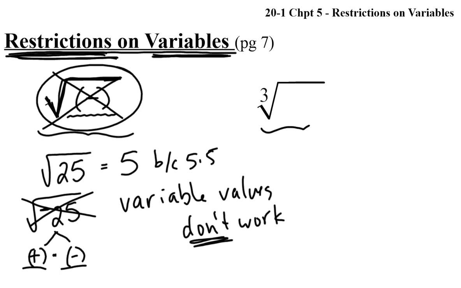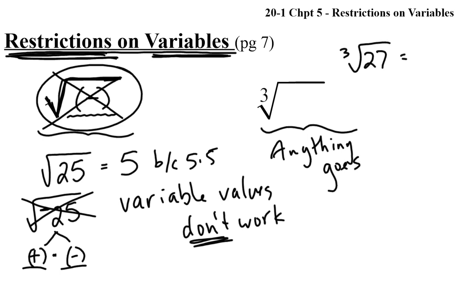What's nice with cube rooting is anything goes. Can we cube root 27? Sure, 3, because 3 times 3 times 3 is 27, not a problem. Can we cube root negative 27?